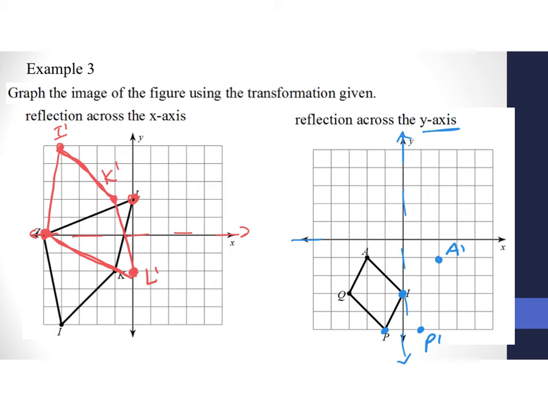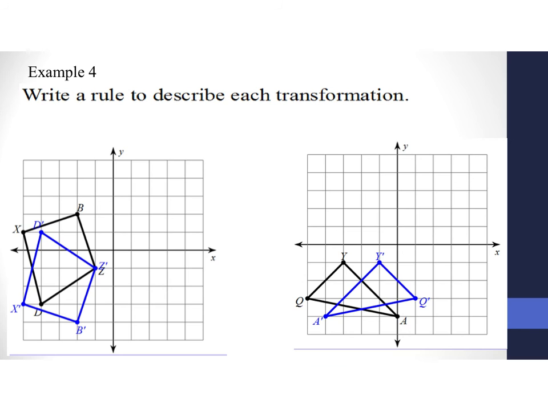And Q is 1, 2, 3 units to the left, so I need to make that 1, 2, 3 units to the right. And this is Q prime. So A and Q get connected. Q and P get connected. P and I, and then A and I also get connected. So we end up with something like this.